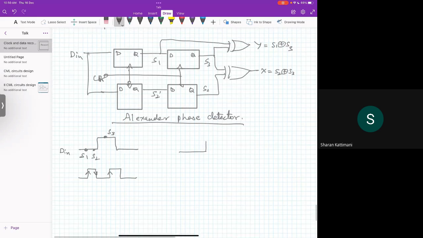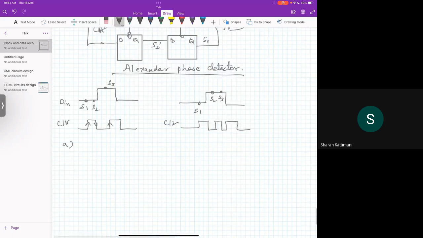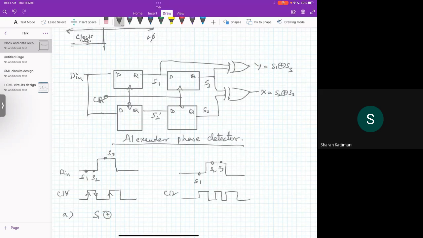So the second combination can be that S1 is here, S2 is here, and S3 is here, and this is how the data is, the clock is coming. Okay, so you can look into this S1. So here we know S1 XOR S2.